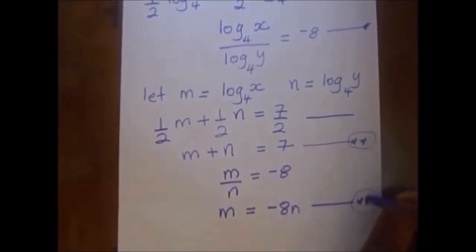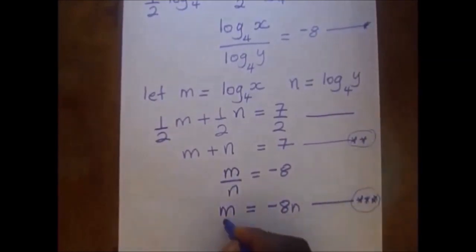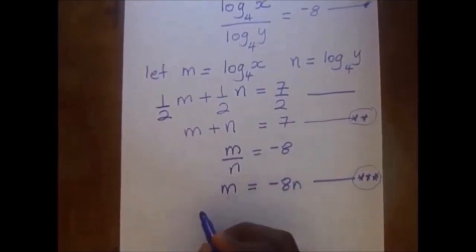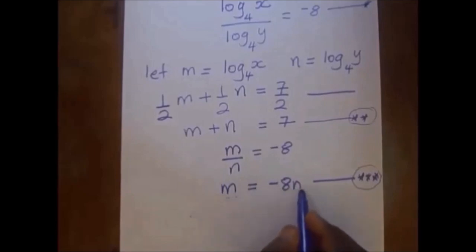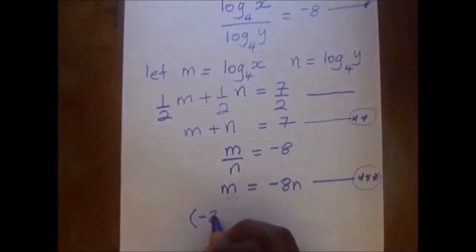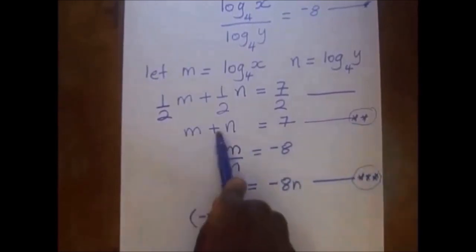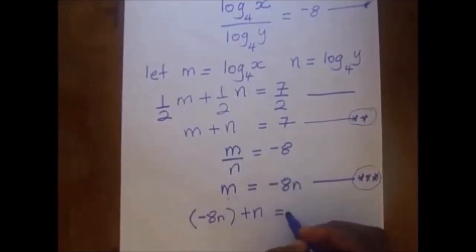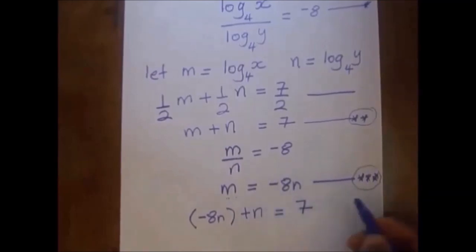These two simultaneous equations, we solve them to find the values of m and n. And so here by substitution, if we substitute for the value of m in the first equation, m is negative 8n. As we are substituting here, it's going to be negative 8n plus n is going to give us 7.